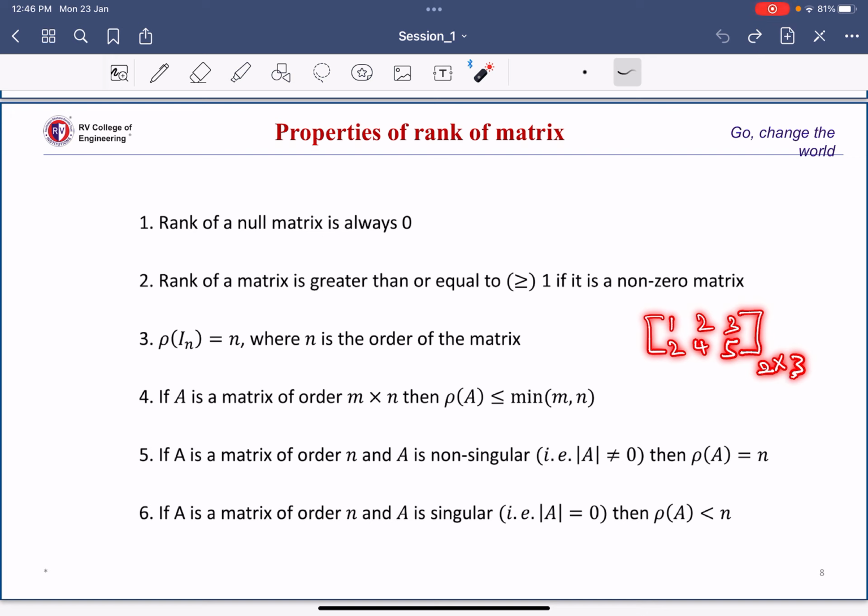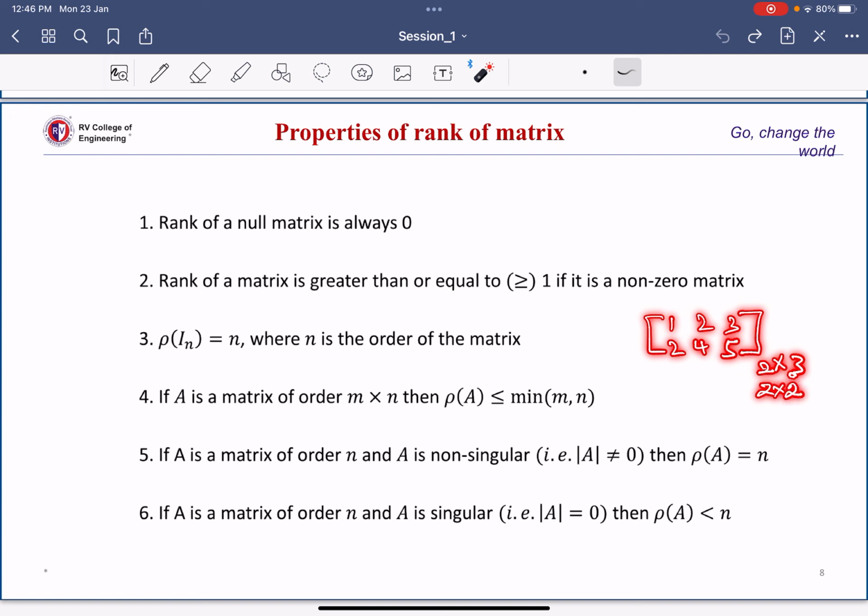The maximum possible order of the determinant which I can extract from this particular matrix is only 2 cross 2, because I cannot extract a 3 cross 3 determinant from this particular matrix since it contains only 2 rows. So the maximum possible order of the determinant of the matrix is only 2 cross 2.